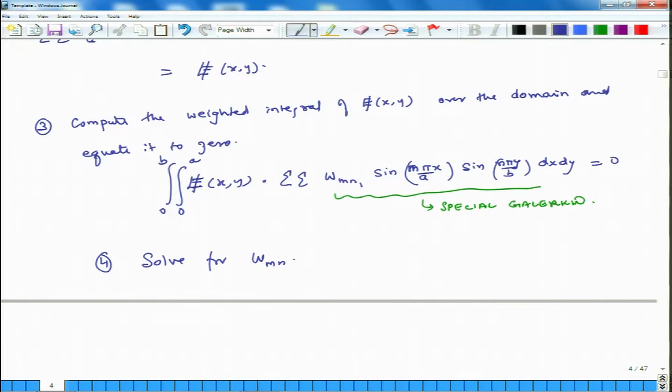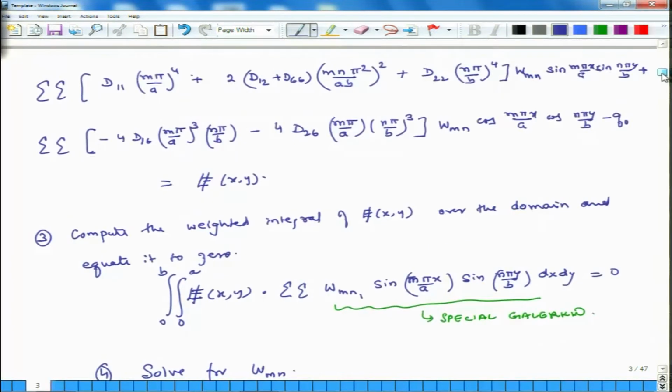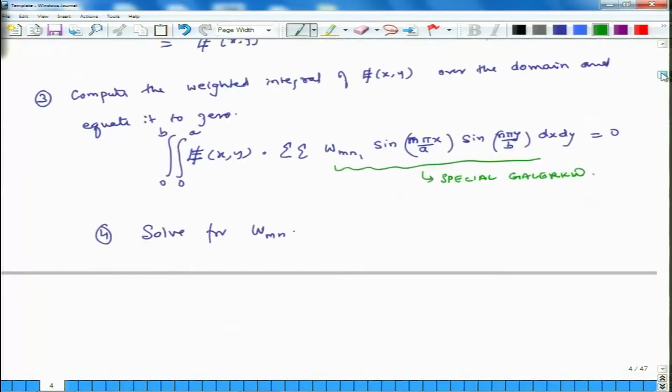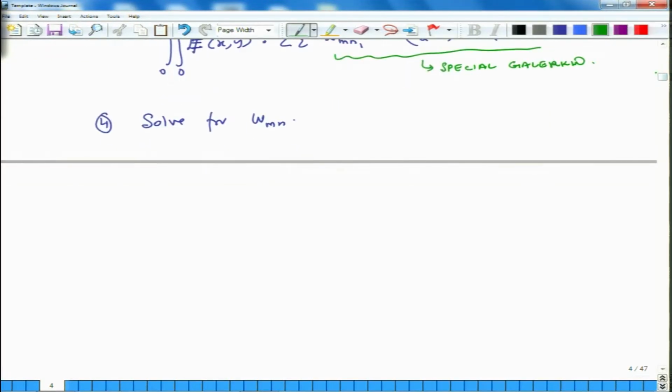Then from this integral equation we compute the values of the unknowns, which are W mn. So, that is what we are going to show in this lecture.